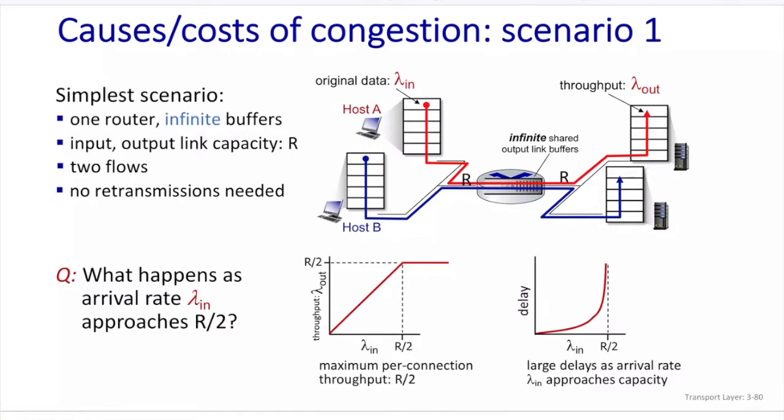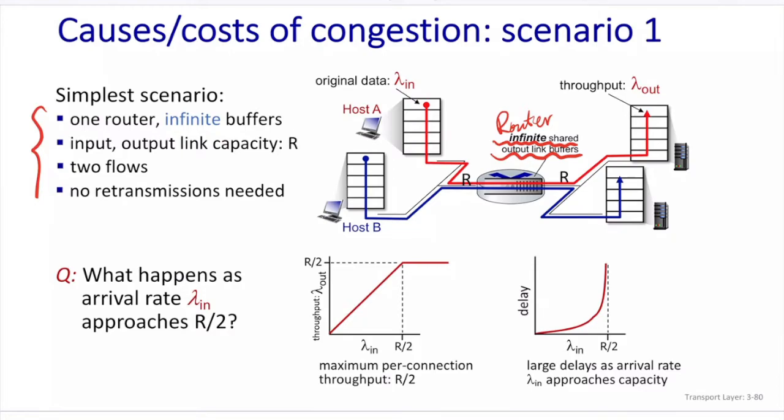Here is the assumption: we have a router, and the assumption is a little bit strange. It has an infinite shared buffer, which means we have unlimited buffer size. It is not realistic, right?